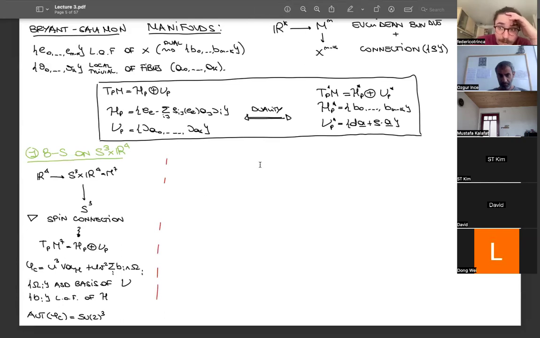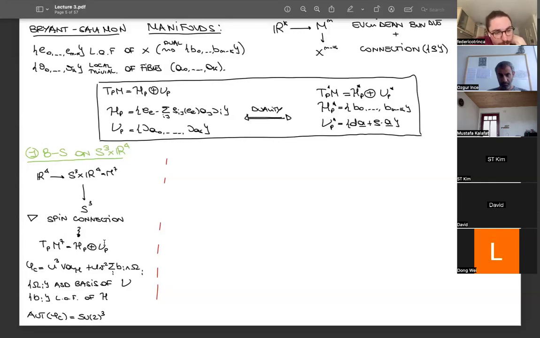In particular, in the case of our interest, we will be working on S^3 times R^4 with the spin connection. So S^3 times R^4 is a trivial bundle over S^3, and the spinor bundle over S^3 is also trivial, so we can identify these as the spinor bundle.